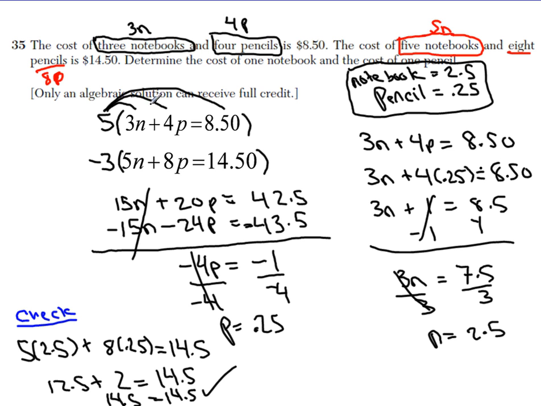So what I did is I eliminated one of the variables. That was my ultimate goal. Once I eliminate one of the variables, I can solve for one of the variables, and then in solving for one of the variables, I can substitute to find the other variable.